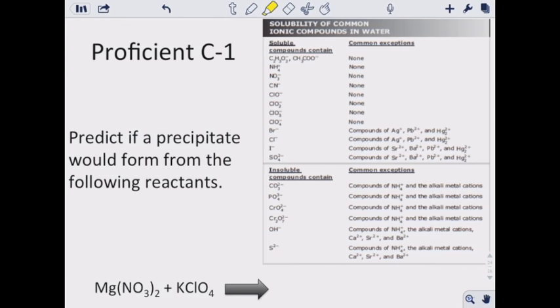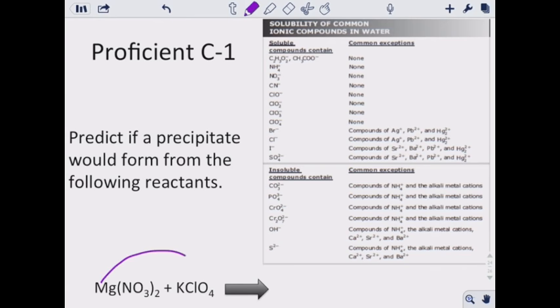So we have magnesium nitrate and potassium perchlorate. When we look at this, it's a double replacement reaction, so these are going to switch partners.